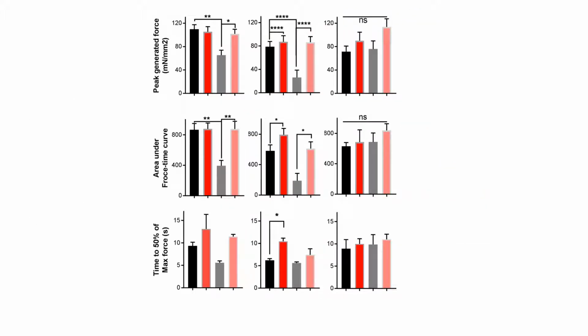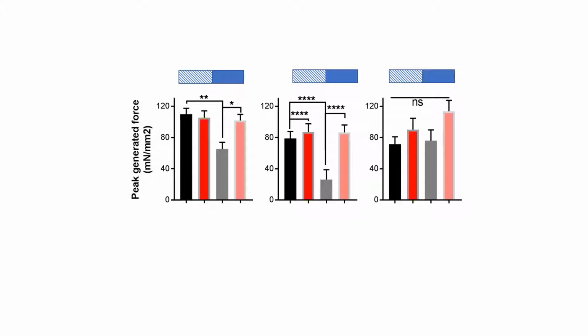Here we have three different contractile parameters: peak generated force, area under the curve, and time to 50% of the maximum activity. For example, here I indicated peak generated force.